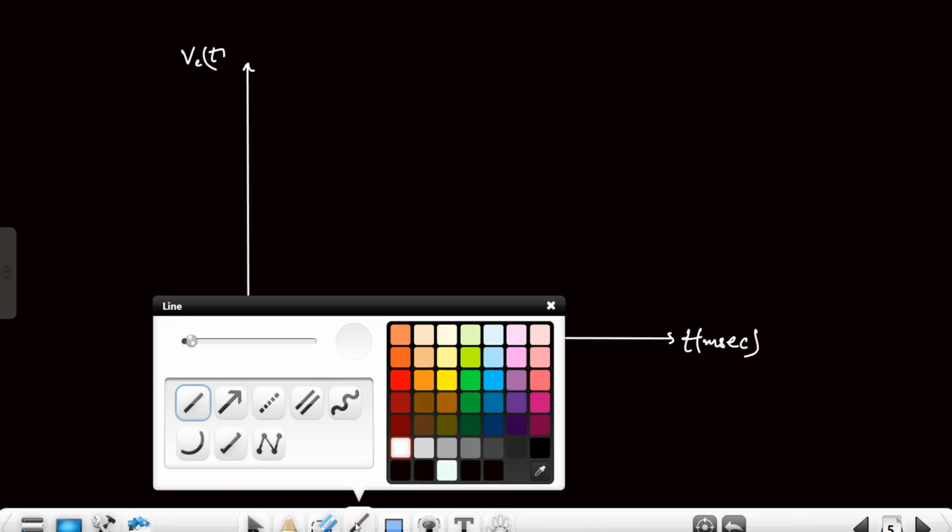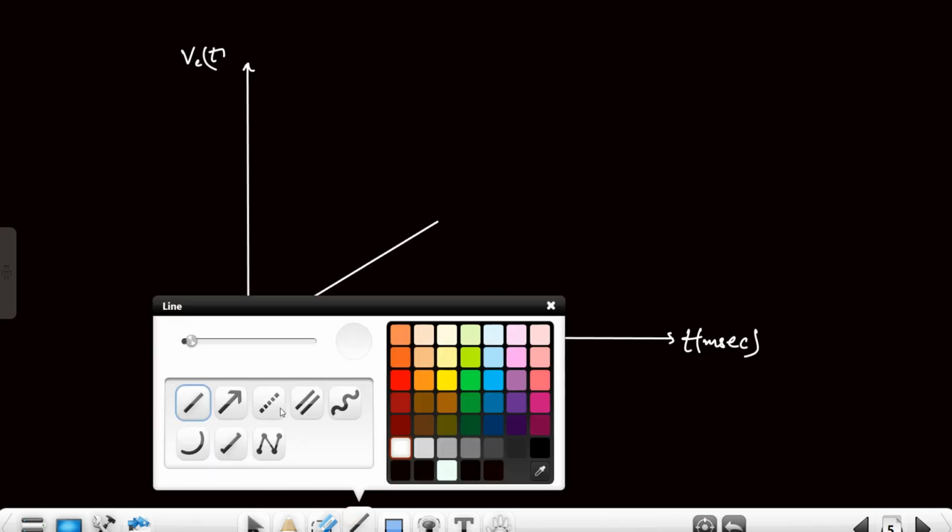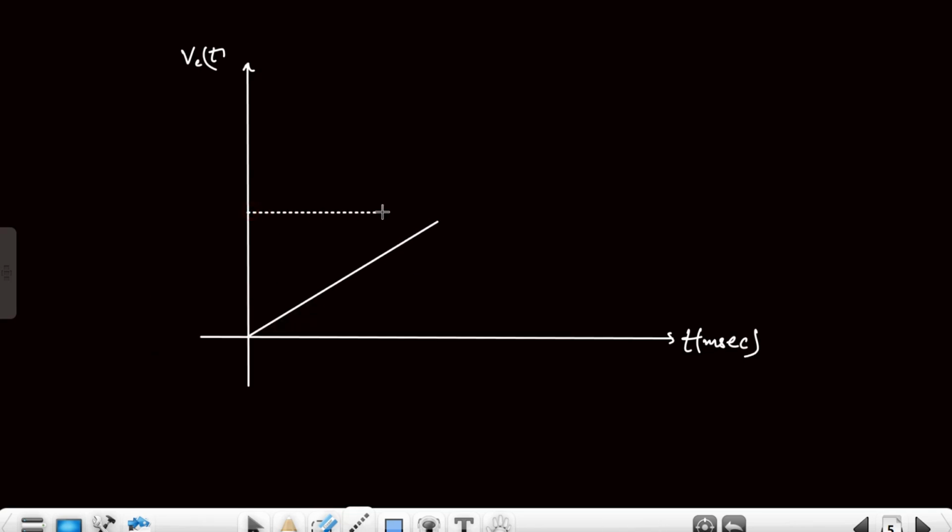Up to 0.5 millisecond it is linearly charging like this, and it has reached 5 volt at 0.5 millisecond, with a slope of 10⁴.